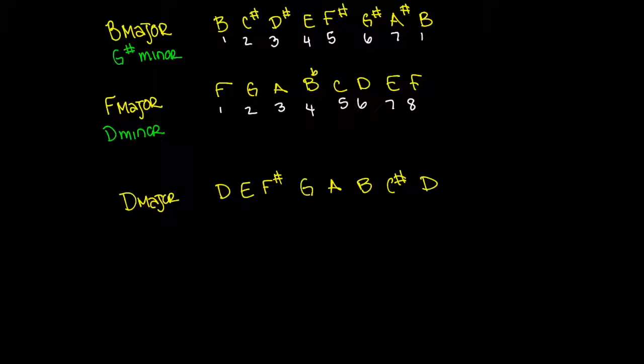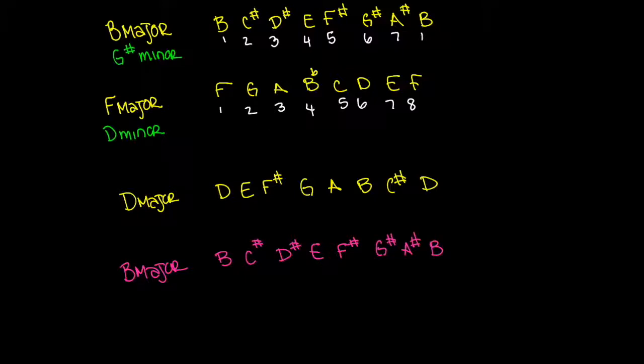So what I'd like to do is write out the B major scale, and let's find out what it's going to be: B, C sharp, D sharp, E, F sharp, G sharp, A sharp, and then back to B.